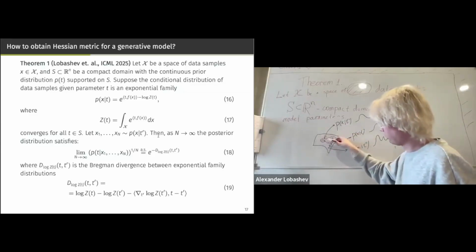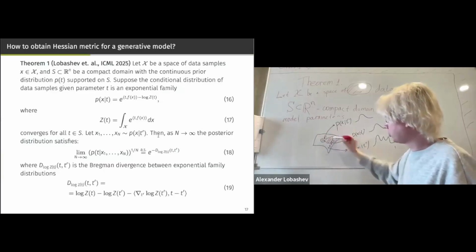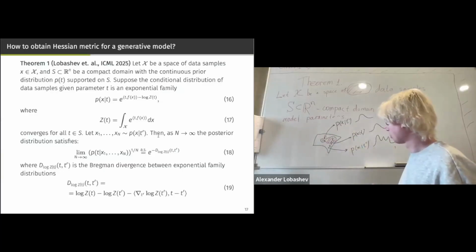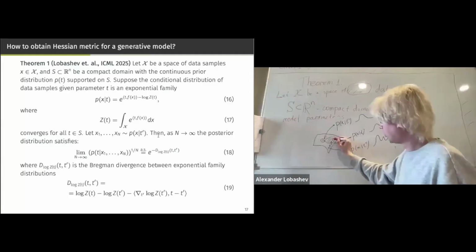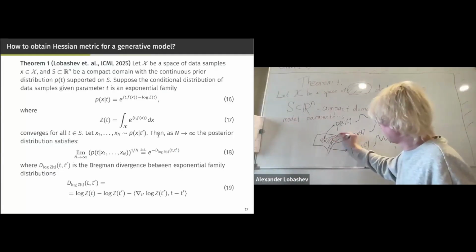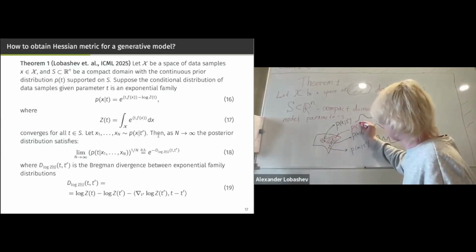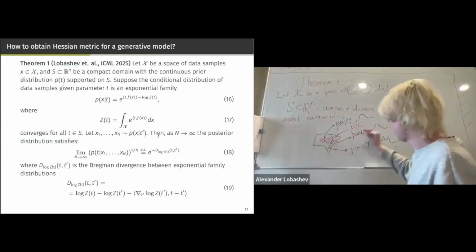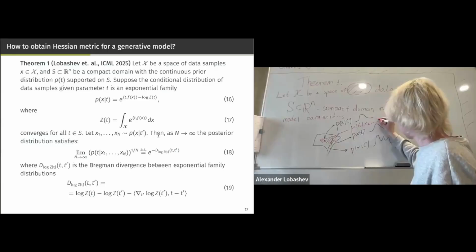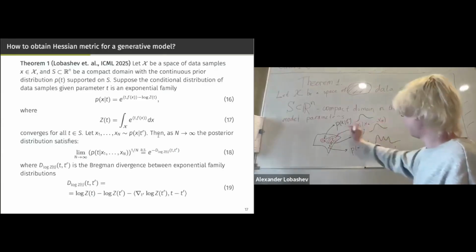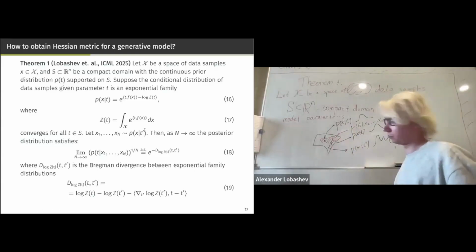So if they are all indistinguishable, then this whole region will be the support of our posterior distribution. So this red region is our posterior distribution on the space of parameters conditioned on some big number of samples from any of those parameters in this region.